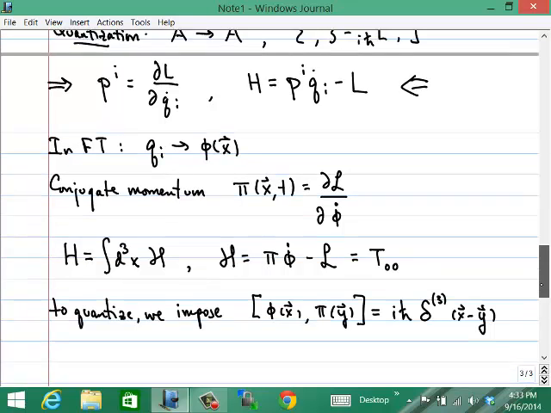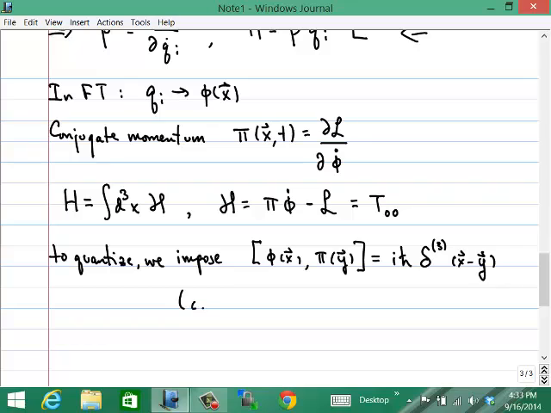So this is just the analog of, so I'll even put some i indices there, the fundamental commutation relations of standard quantum mechanics.